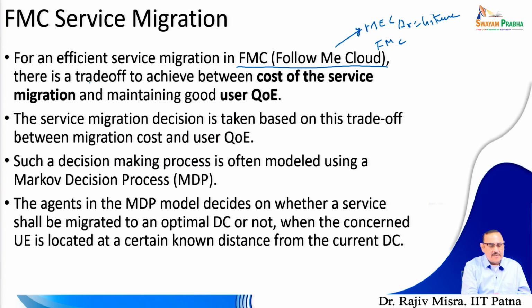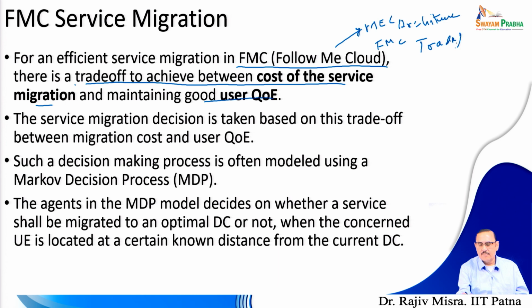Under this FMC there is a trade off to achieve between the cost of service migration and maintaining a good user experience. So, here we see a trade off between the cost of service migration and the good user QoS.